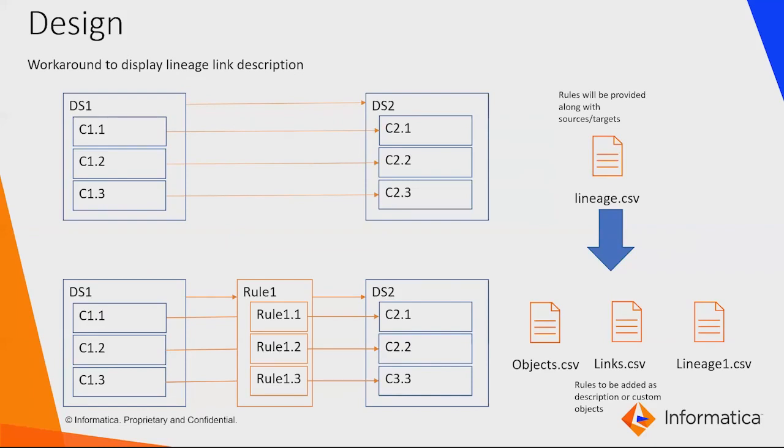So you can have a simple lineage CSV file to represent the data flow between two objects, two technical assets, columns. Now you want to add some complexity around the lineage, like showing some description and the logic that is flowing between two objects. That is exactly what we have developed here.